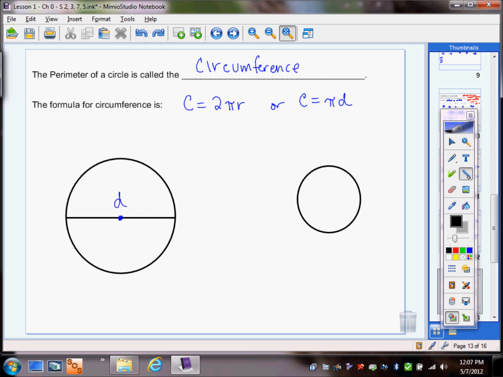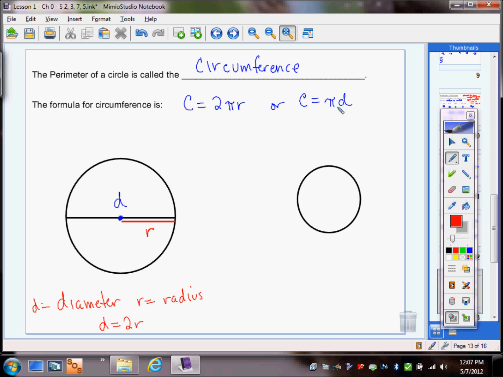Oh, wrong color. Diameter of a circle is twice the radius. So if the radius is halfway, the diameter is the whole thing, right? If I take this 2r, it's the same thing as that d. So the formulas are the same.